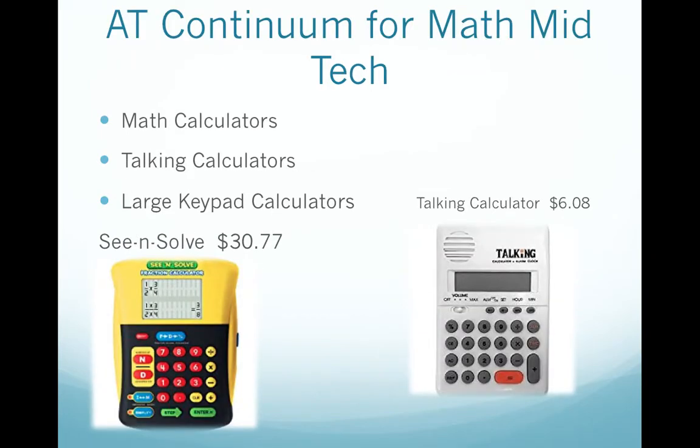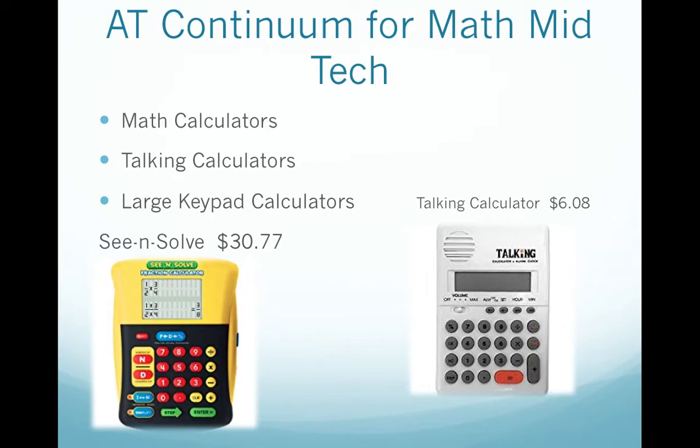Moving up the continuum, examples of mid-tech for math include math calculators, as well as talking or large keypad calculators. These, of course, read each key pressed as well as the answer. The auditory feedback feature may be helpful for many different students.